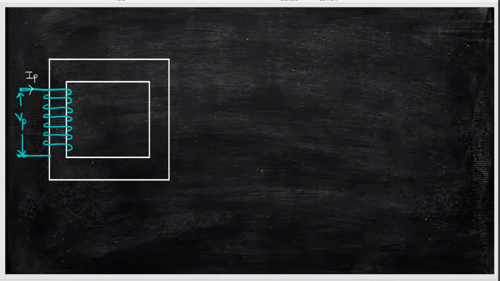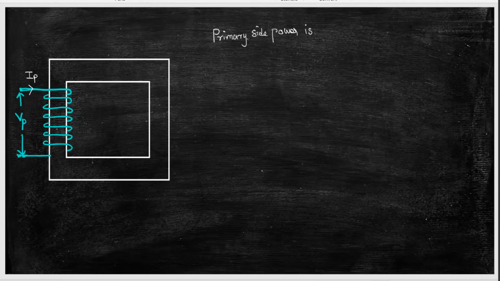Now, what is the power that we have given to the primary side? The primary side power is VP into IP, where VP is the voltage and IP is the current given to this transformer.